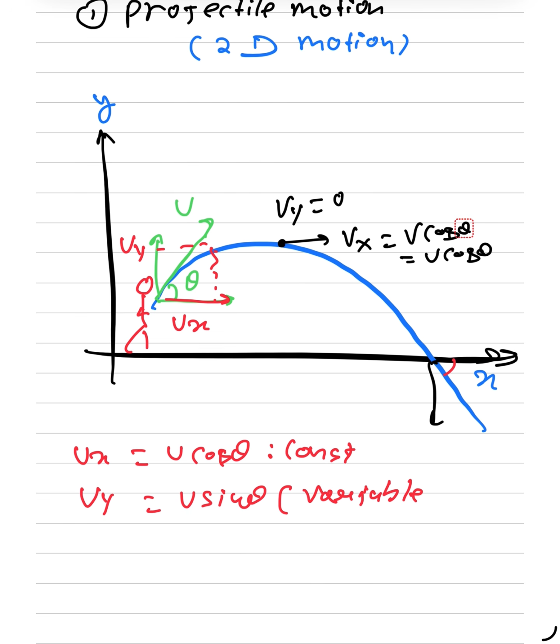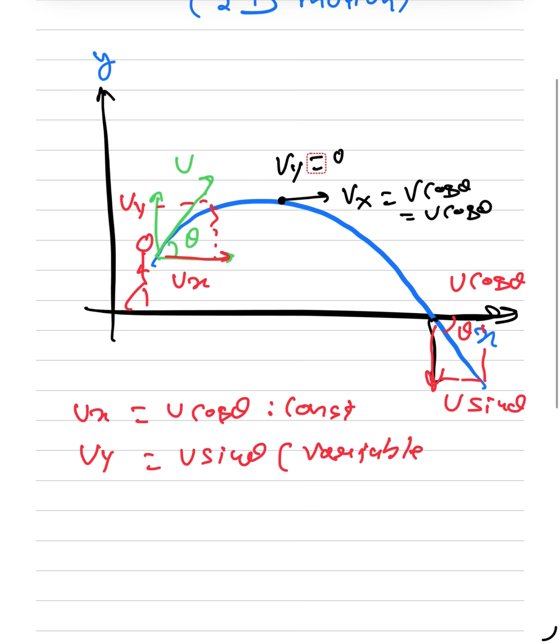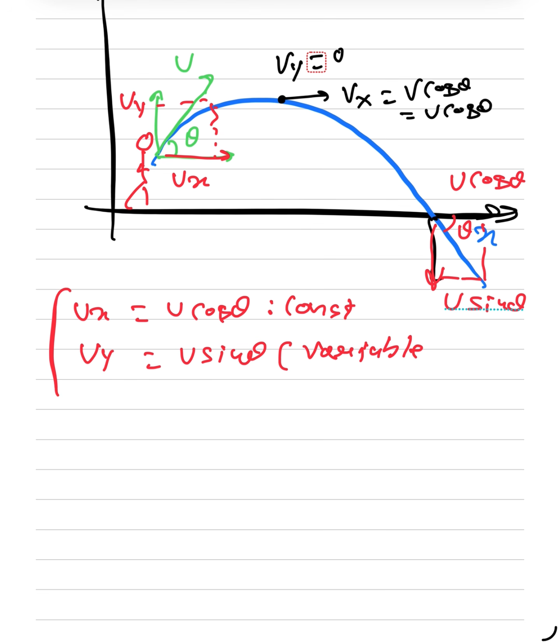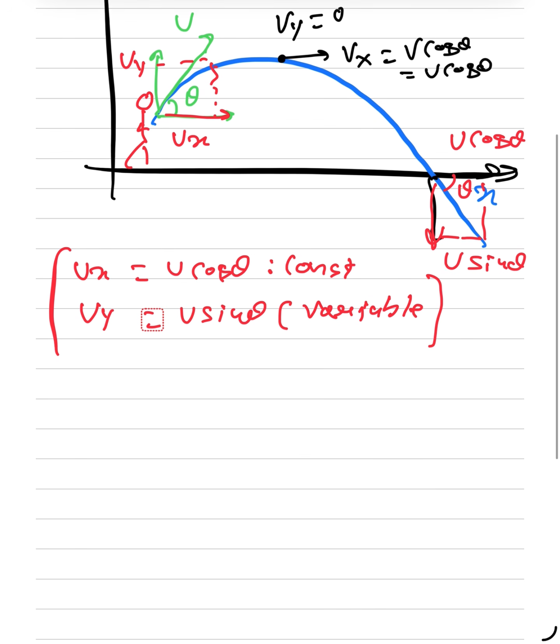At this point, angle theta, u cos theta horizontal and vertical u sin theta, and u sin theta is a negative component. This is a best example of projectile motion and projectile velocity.